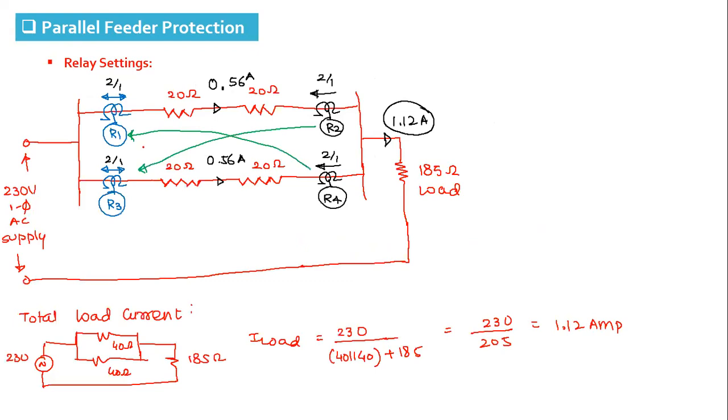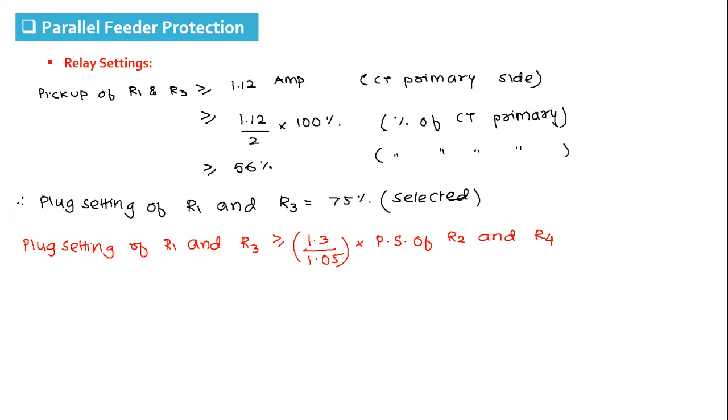Because R1 and R3 are providing backup to R2 and R4, their settings must be greater than this 1.3 by 1.05 times. We have seen that the pickup may vary between 1.3 and 1.05.